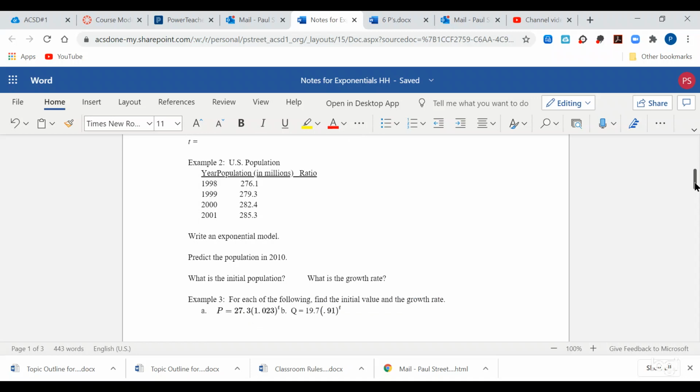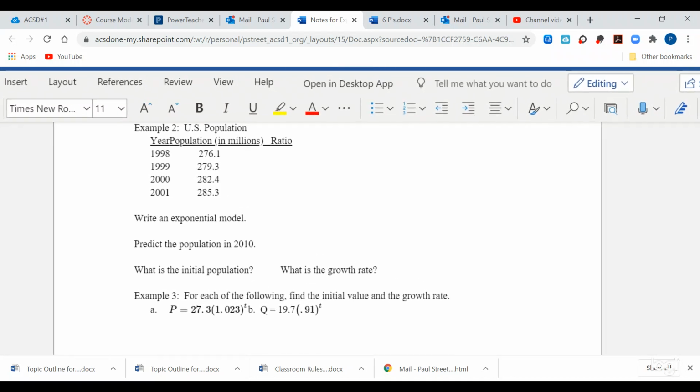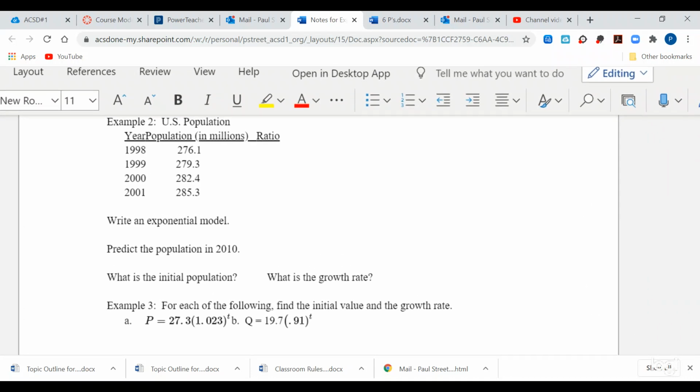So now here's our example 2, and I'll blow that up for you again. So this is a new example. And so you've got, now here's the year 1998, 99, 2000, 2001. It's the population of the United States given in millions, and we're going to find the ratio. The data is kind of messy, because this is real life, and in real life it is kind of messy sometimes.